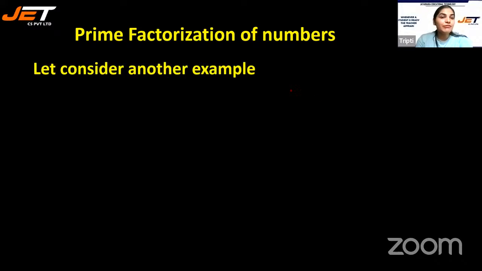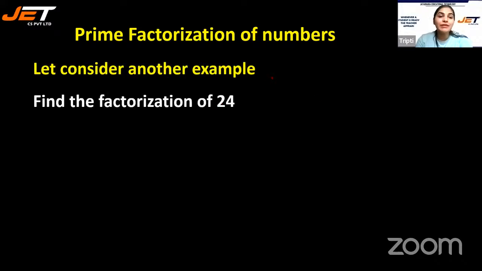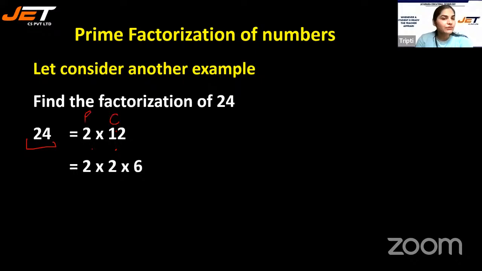If we talk about the prime factorization of number 24, 24 can be written as 2 times 12. 2 is a prime number, 12 is a composite number. I'm going to break down this 12. 12 is written as 2 times 6. Now again, these two are prime numbers, but this one is a composite number.